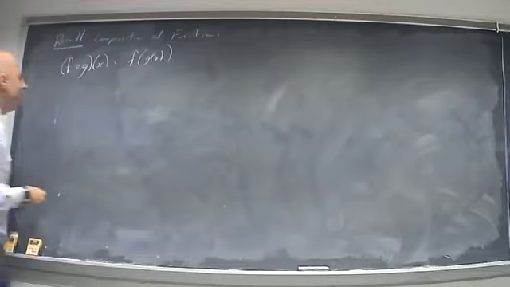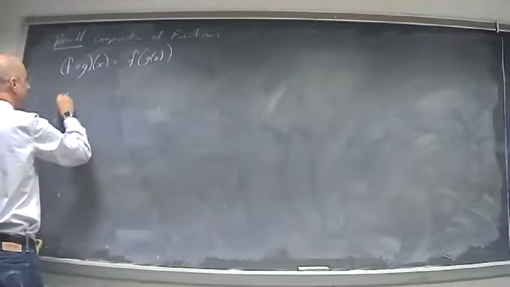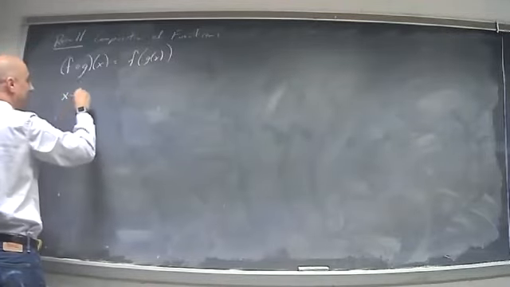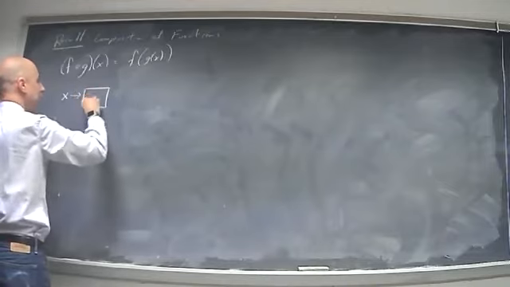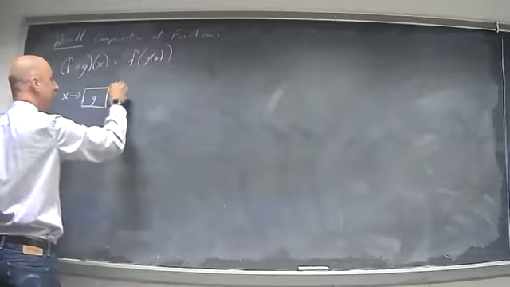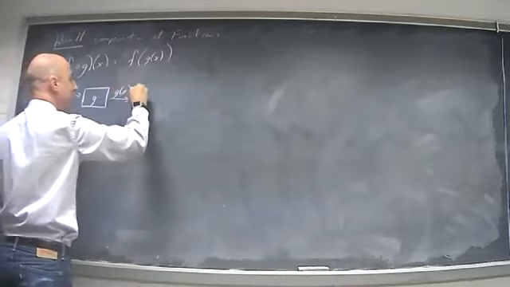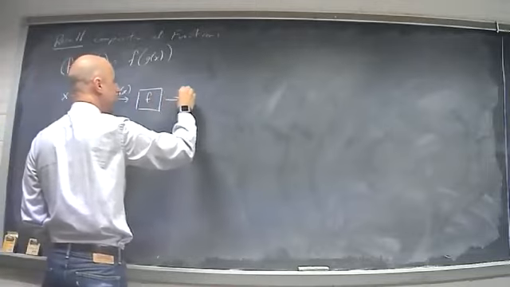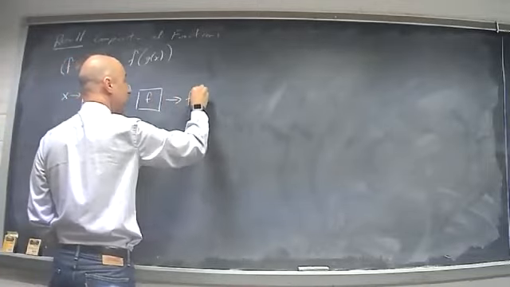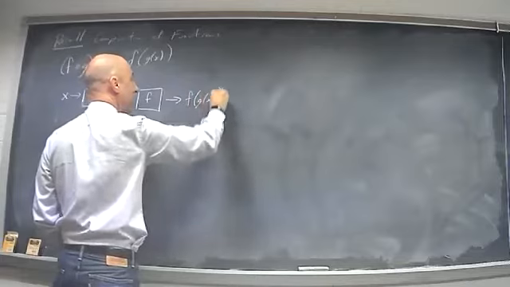And we saw that that's the same as taking a number we called x and sticking it into the g function. And what comes out is g of x. And then putting that into the f function. What comes out is f of g of x, or f composed with g of x.